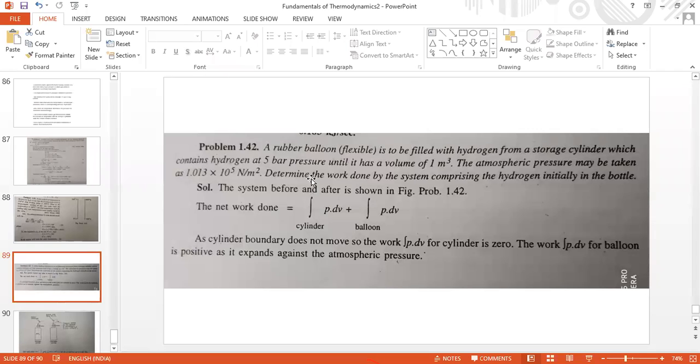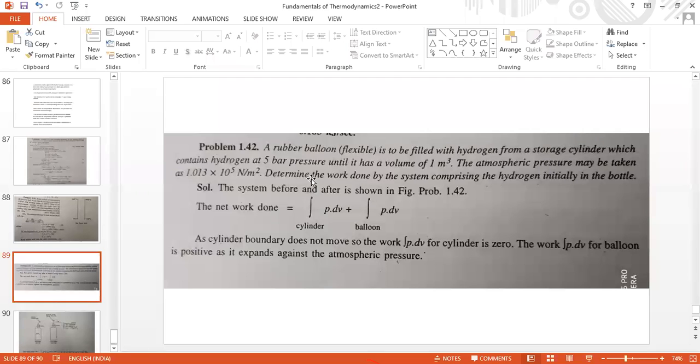A rubber balloon is to be filled with hydrogen from a storage cylinder which contains hydrogen at 5 bar pressure. There is a cylinder with hydrogen at 5 bar pressure. We have seen balloons and played with them in our childhood.